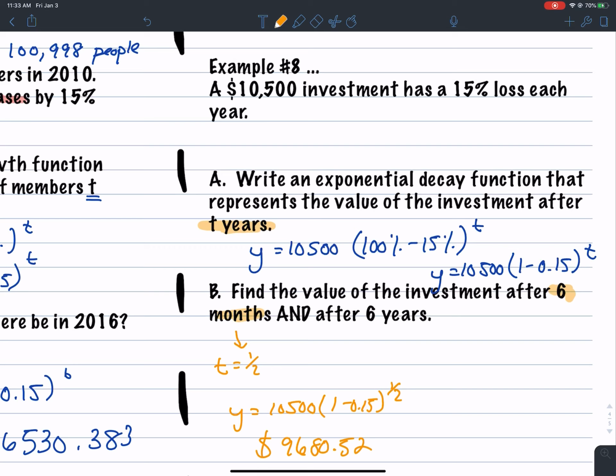Since that's money, I'm just going to round to the second. So if we had 6 years, again, we would just use our equation. And when you do it that way, just finishing that example, you get this much money.